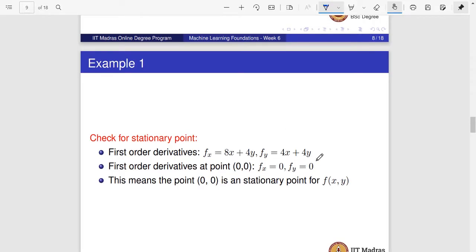The first order partial derivatives at point (0,0): f subscript x will be 0, f subscript y will be 0. This means since the partial derivatives are 0 at point (0,0), the function has a stationary point at (0,0).